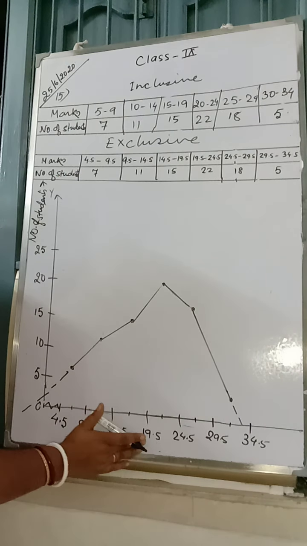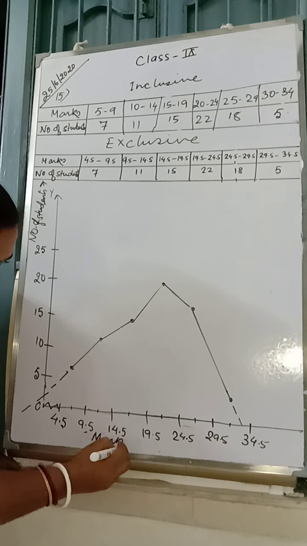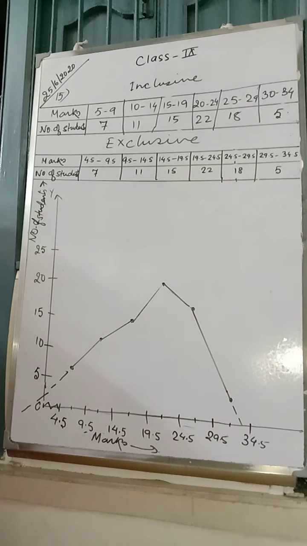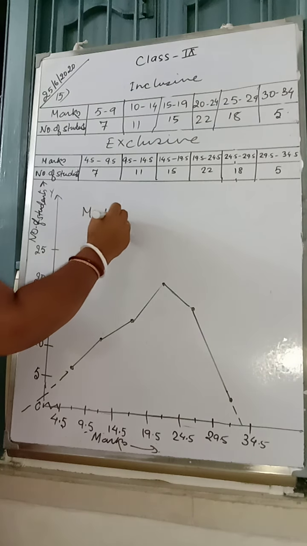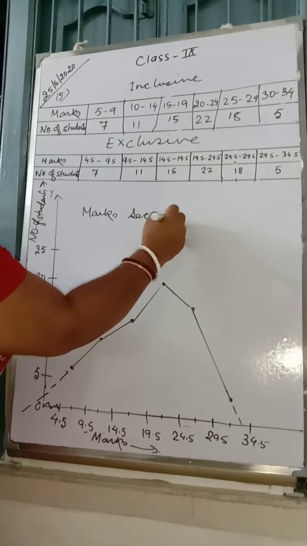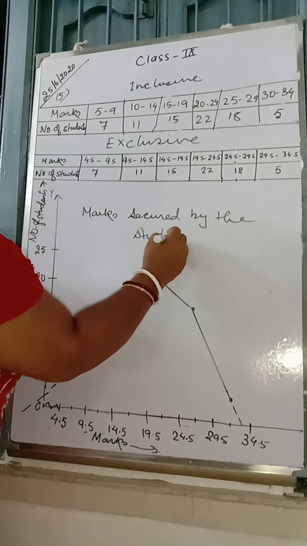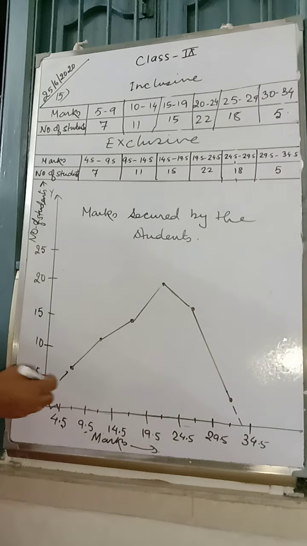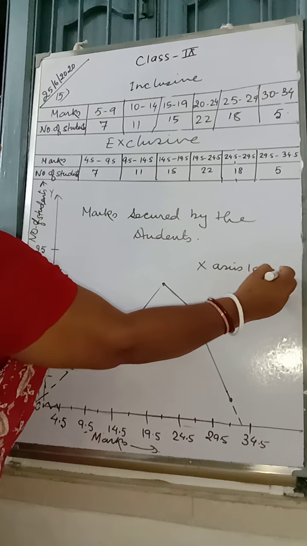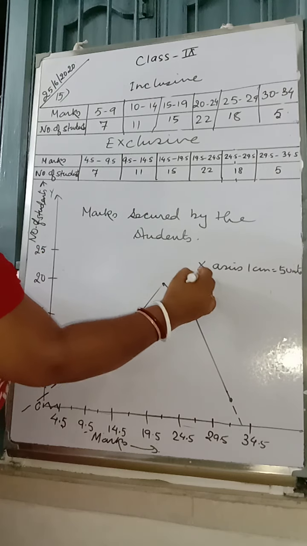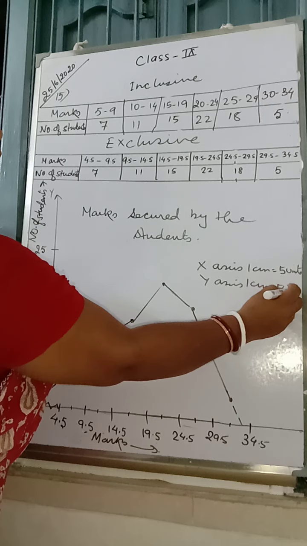I have written it the opposite way. It happens sometimes. Now this is marks secured by the students. X-axis: 1 centimeter, 5 units. Y-axis: 1 centimeter, 5 units.